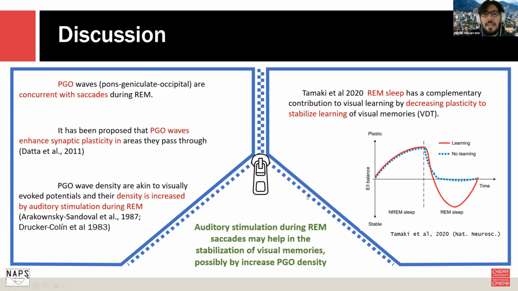So it could be that sound stimulation during REM helps to stabilize visual memories, possibly by increasing the PGO density. But this is a very speculative hypothesis that we propose, and it needs further research.